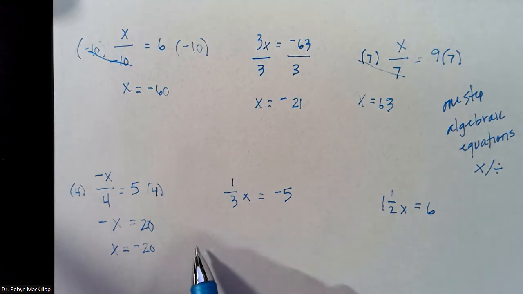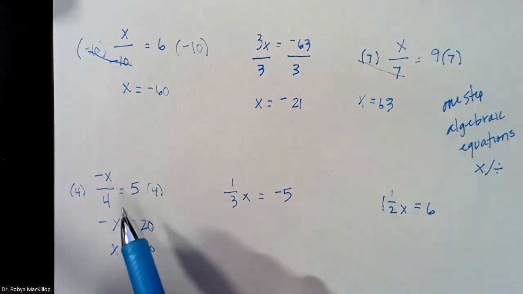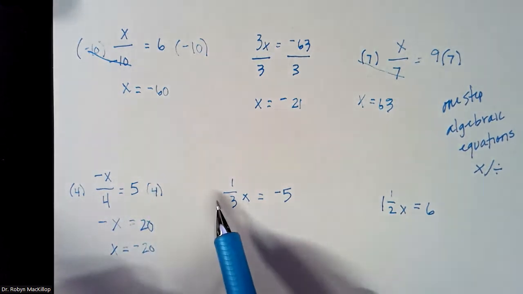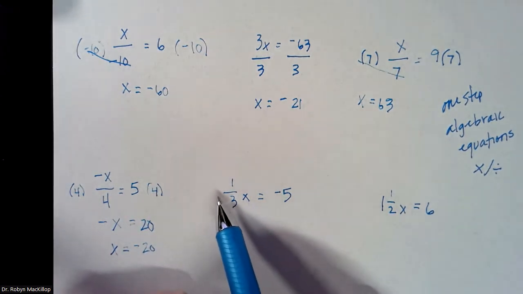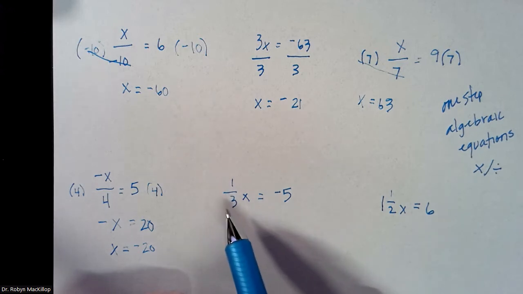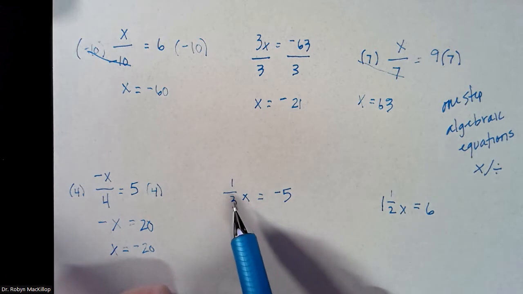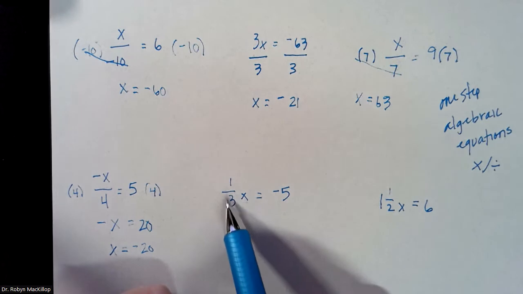All right, now check this out. 1/3 x equals negative 5. Looks kind of like the ones we were just doing, right? Like you would multiply out the 3. Actually, I think it would work for this one, but that's not what you want to do, because you might end up with a different kind of fraction that doesn't work that way. This is a fraction. This is the number.